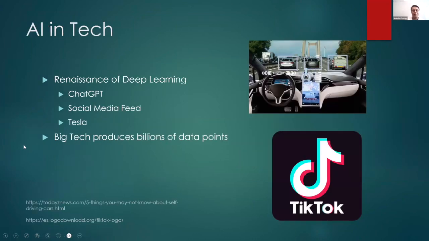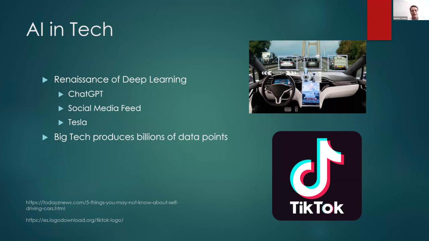And currently, we're seeing a renaissance of AI or deep learning in tech. We have Chat GPT, where you can put in a question and get out an essay or whatever you need. You can really come up with a lot of things. And all of our social media feeds utilize AI in order to give us that constant feed of dopamine that keeps us scrolling, like on TikTok, and also with Tesla and self-driving cars.